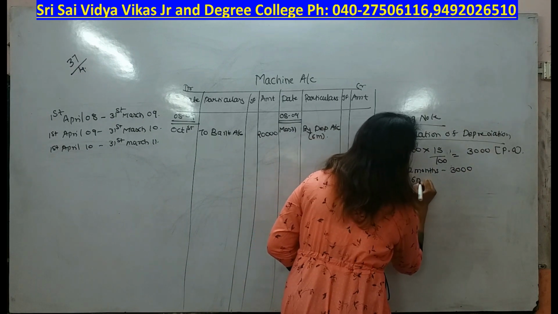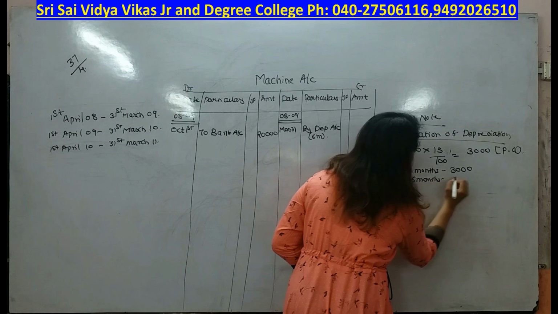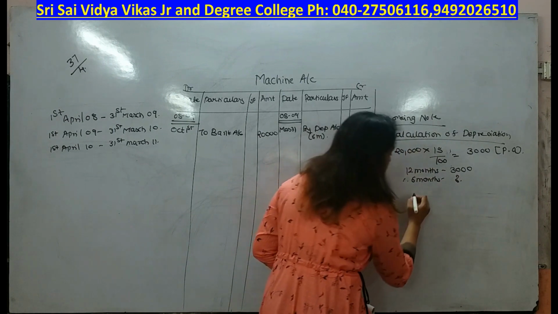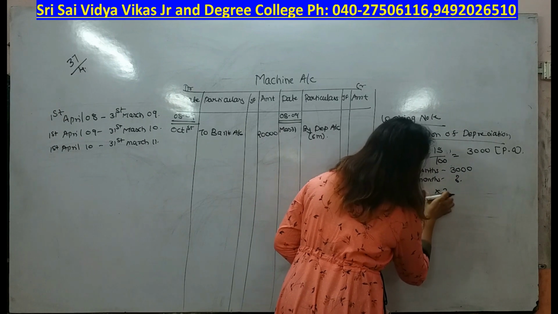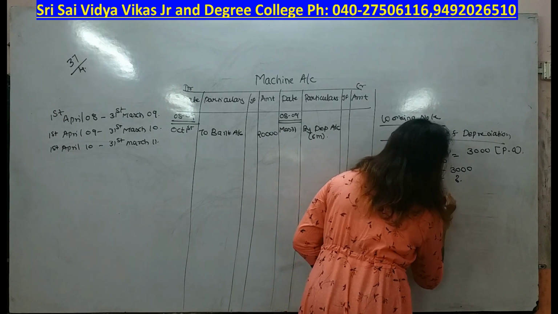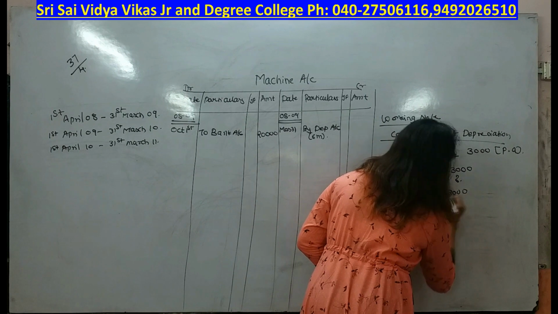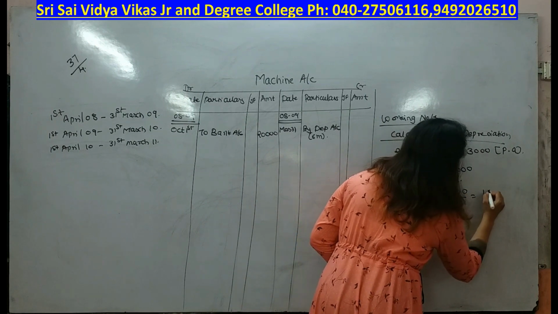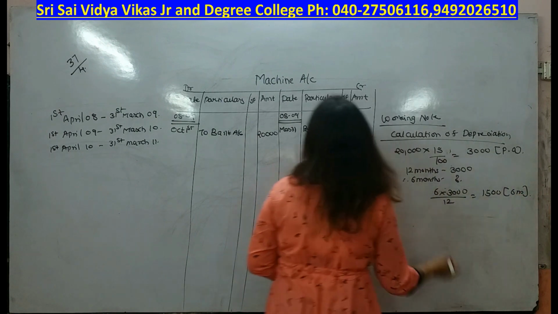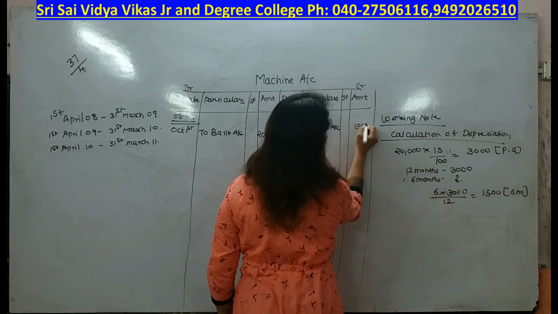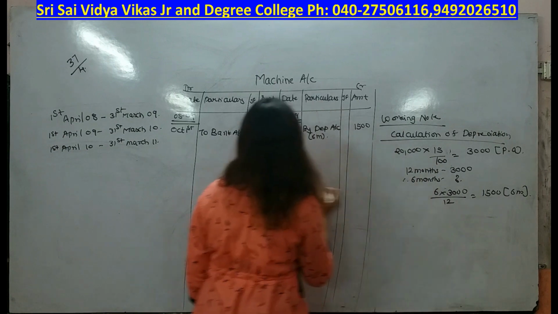We want only for 6 months. So, what will be the depreciation amount? So, 6 into 3,000 divided by 12, that is rupees 1,500 for 6 months, right? So, 1,500 will be the depreciation.